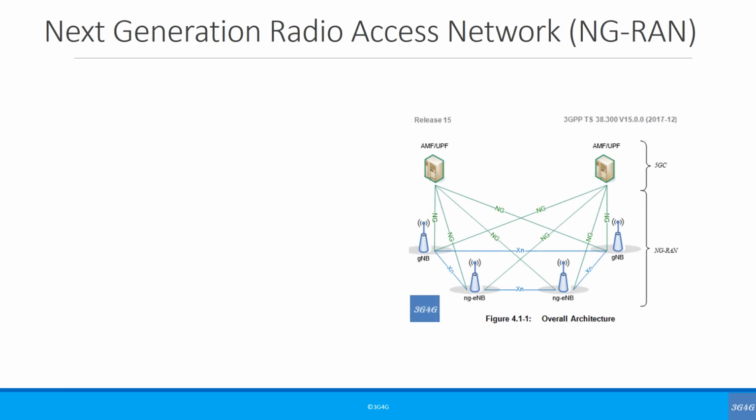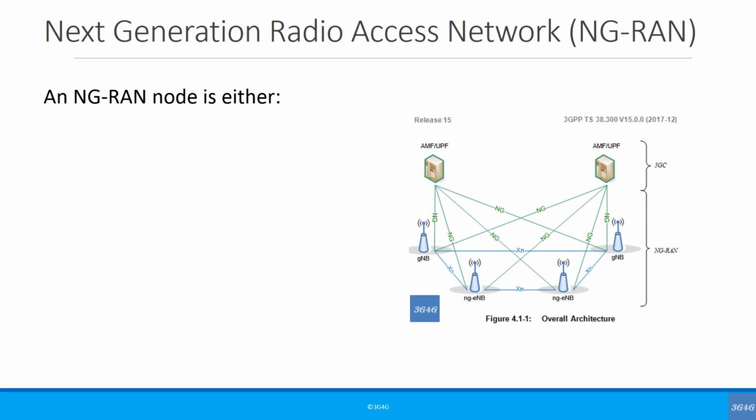So if you look at this overall architecture, you can see the gNB, the next generation node B, the next generation eNode B, ng-eNB, and how they basically connect. So you have the ng-RAN and the 5G core, right?